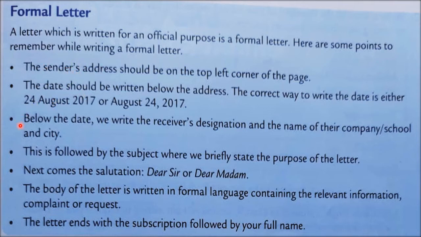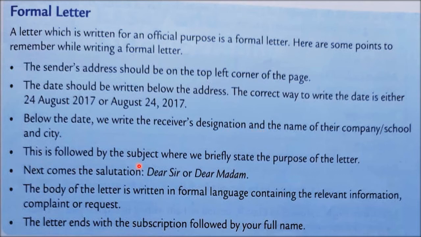Now that was about date after the sender's address. Point number 3, below the date we write the receiver's designation and the name of their company or school and city that forms the address of the receiver. So that comes below the date, the address of the receiver.